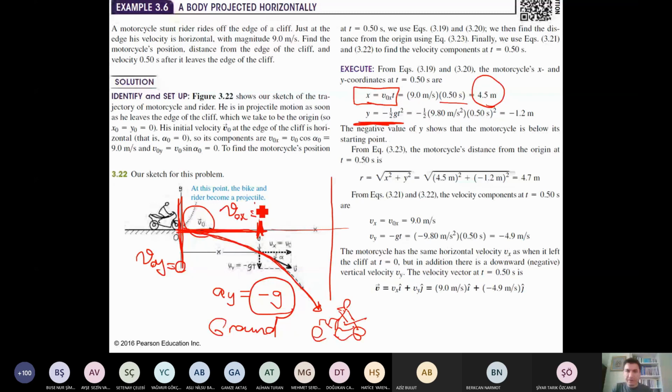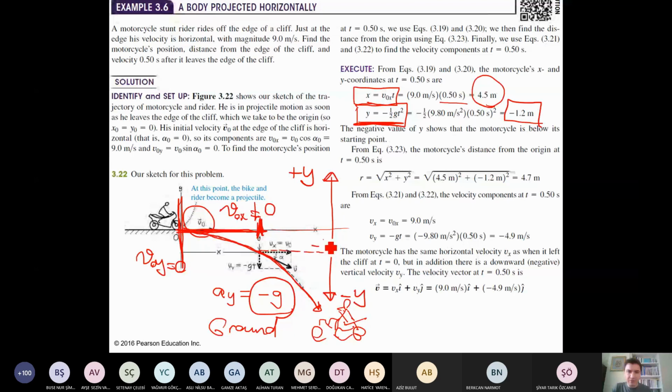For this reason, you can calculate y just by using this equation. Put 0.5 seconds here. Then we have minus 1.2 meters. What is the meaning of this negative sign? Since we have chosen this as the positive y direction, this is the negative y direction, then the position will be negative 1.2 meters. Because of the negative side, don't forget.